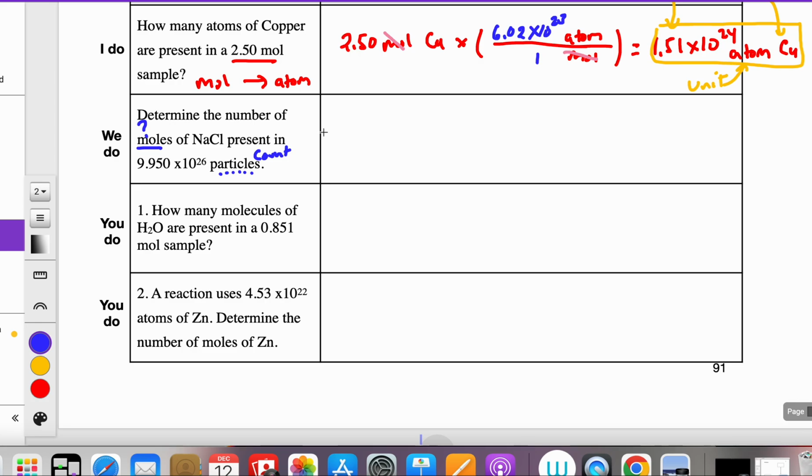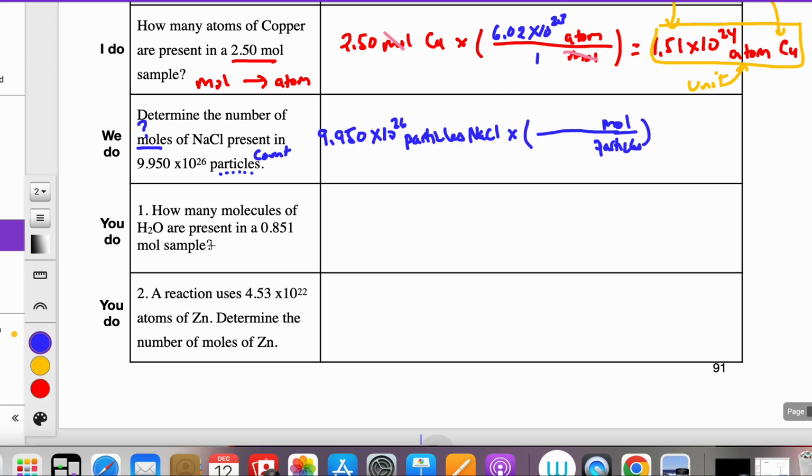So I have 9.950 times 10 to the 26 particles. And there is no abbreviation for particles, and it belongs to NaCl. I want to go from a unit of particles to the unit of mole, and I want to be able to cross off particles.